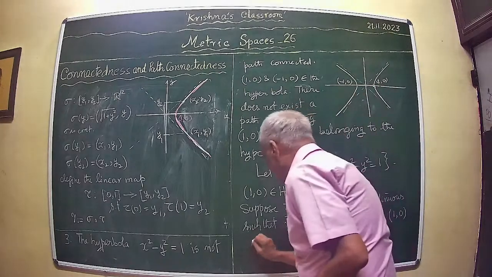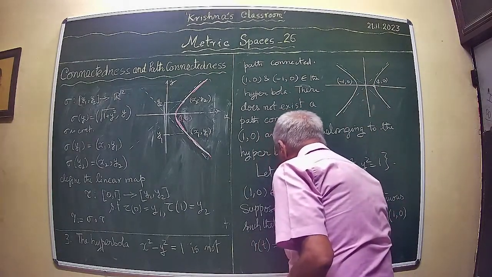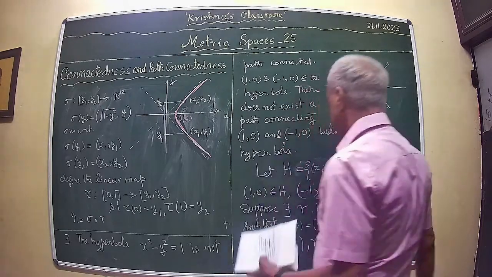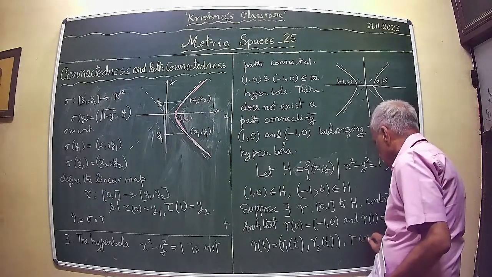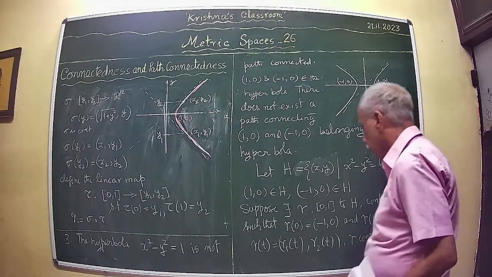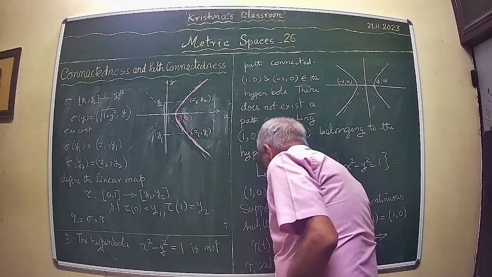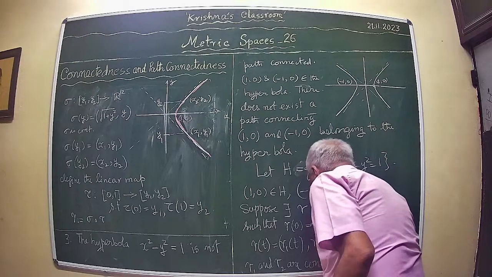Then gamma t equal to (gamma 1 t, gamma 2 t), two real valued functions. Gamma continuous implies both gamma 1 and gamma 2 are continuous.